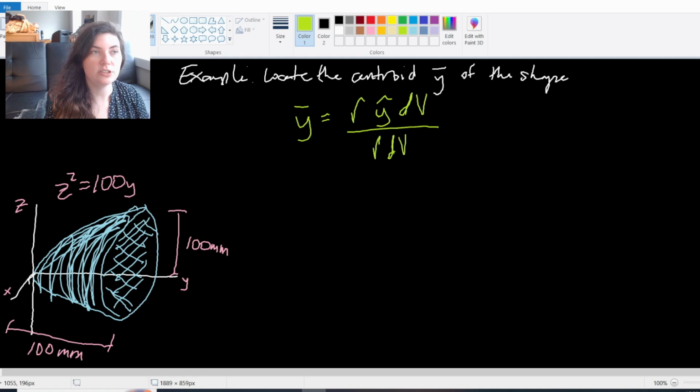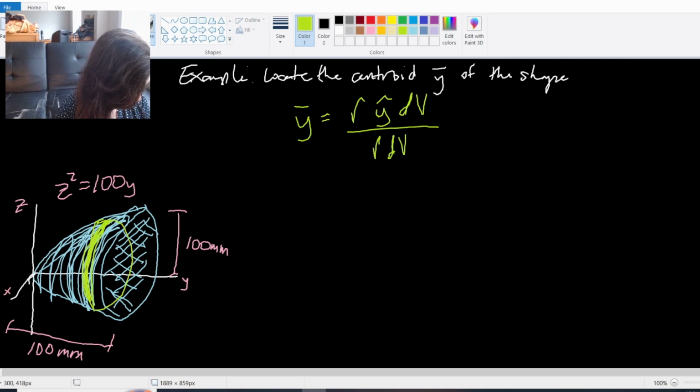But the other main change is that instead of taking rectangular slices, in a 3D object we want to take disc-shaped slices. So here I have this ham-looking object, and what I want to do is take a disc slice out of my shape.